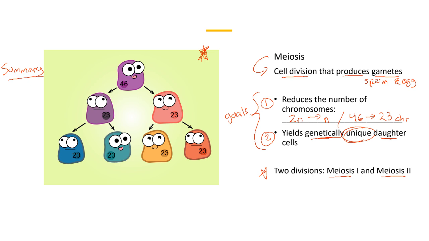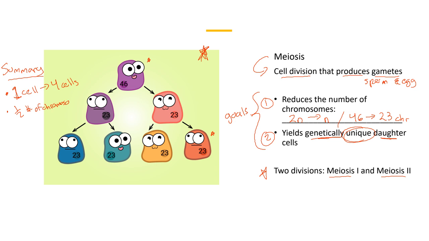I start with how many cells? We're going to start with one cell. We're going to end up with four cells. So in meiosis, we start with one cell and we end up with four cells. Also, one of the goals here is we're going to end up with half the number of chromosomes.